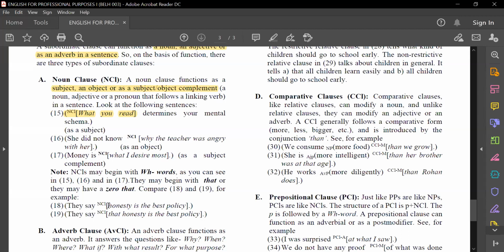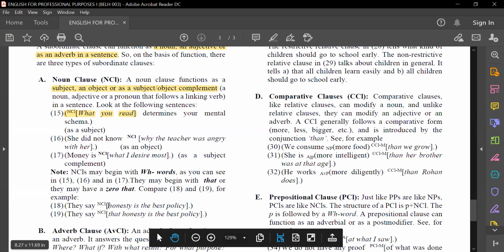So they say that honesty is the best policy. This "that" is not realized; it is realized in 18 without using it. Such constructions can also be there in noun clauses. If there is a "that" over here, please don't confuse it.